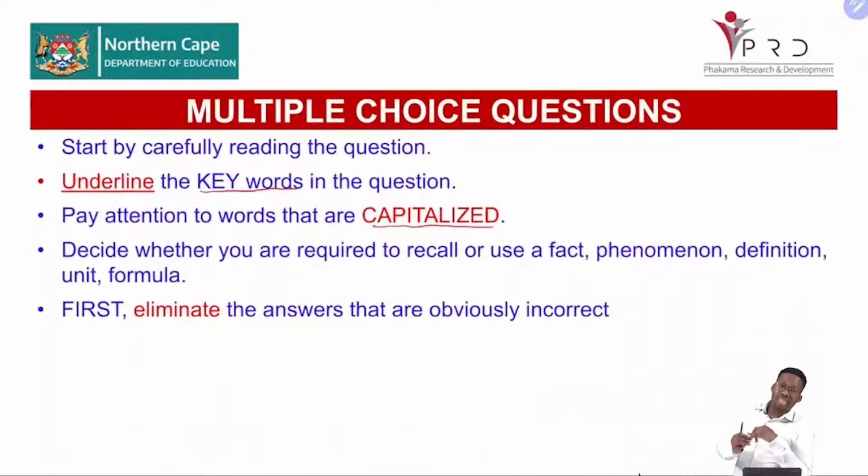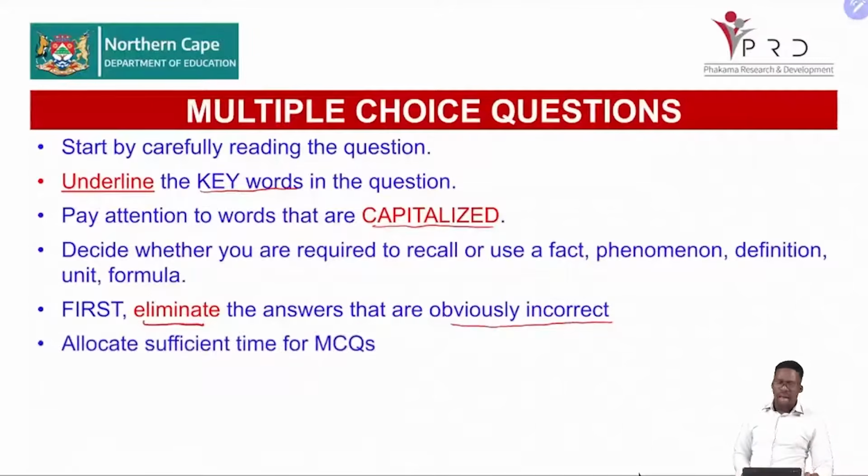And the other one is a serious distractor, and the other one is more correct. So for you to reach your answer very fast, make sure that you eliminate the answers that are obviously incorrect. And there will be 2. And then from there, you choose the most correct answer out of your 2 left options.